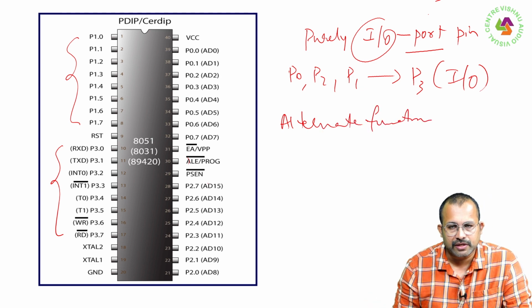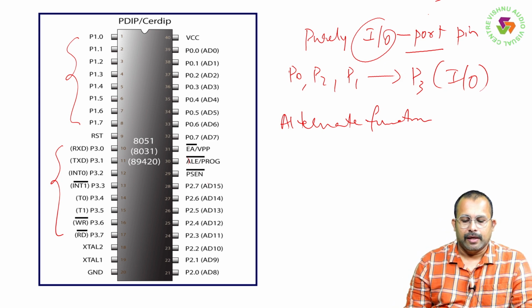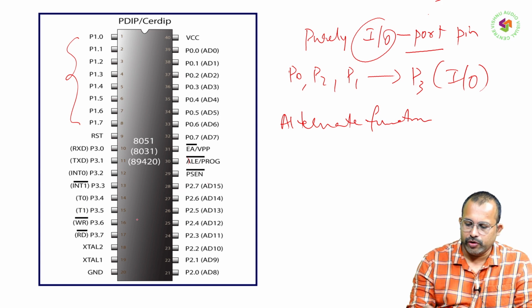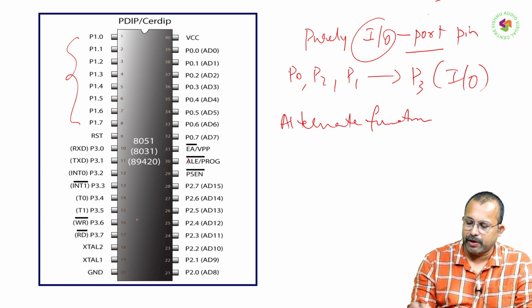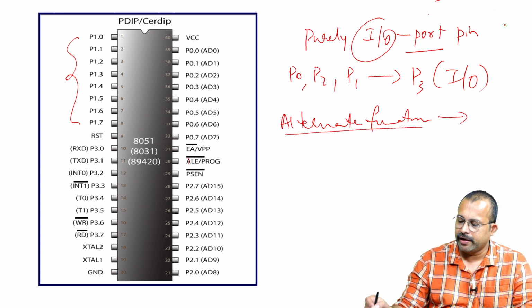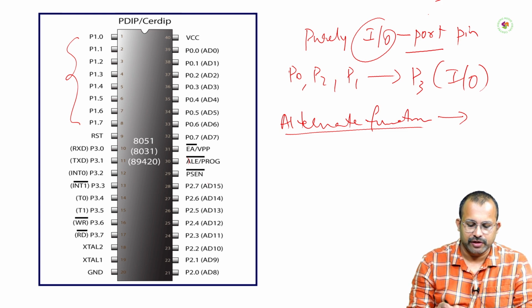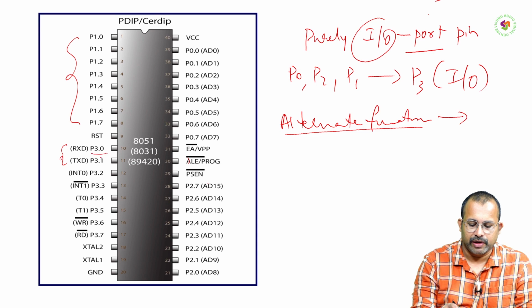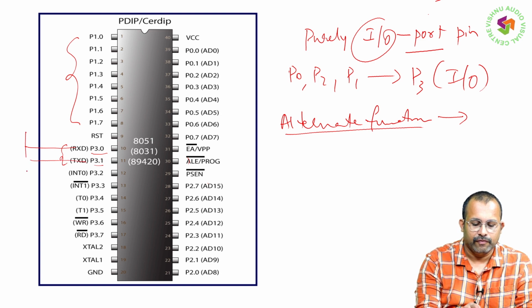The alternate functions are clearly described here. In the normal case, it is used for IO operation. In the alternate case, it has special functions, where port 3.0 and 3.1 are used for serial communication with other devices.